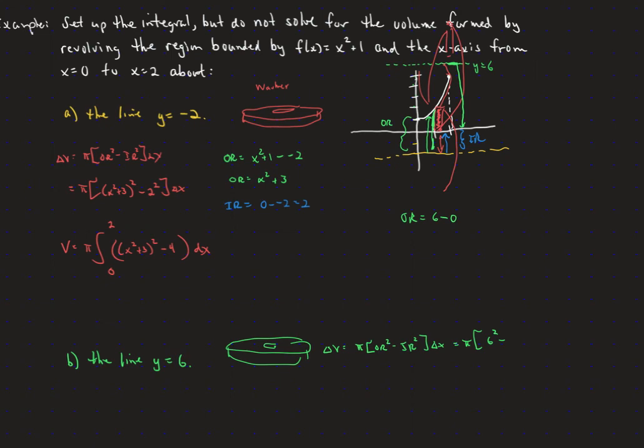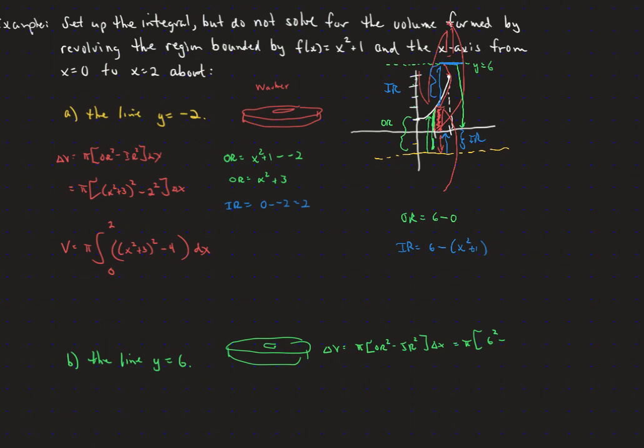Now the inside radius is going to be the distance from the axis of revolution, the line of revolution, to the edge of our hole, which is going to be that distance down here to our rectangle. So this distance is going to be our inside radius. And that inside radius, again, we're going to go top minus bottom, is going to be 6 minus our function, x squared plus 1.